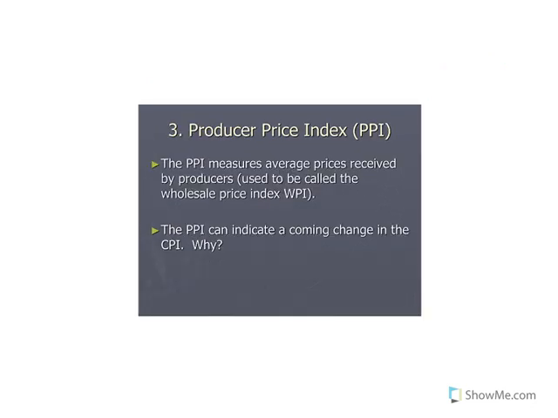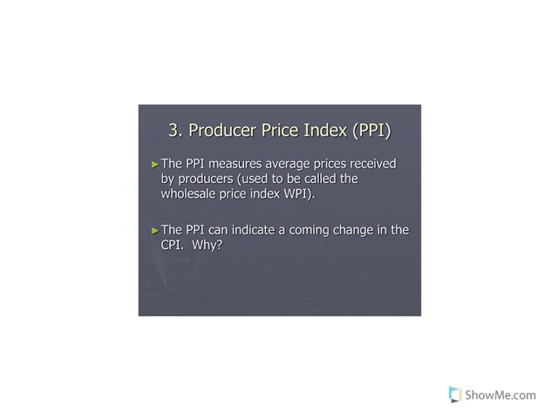And then the last price index I want you to know is what we call the Producer Price Index, or the PPI. This measures the average prices received by the producers. We sometimes call it the Wholesale Price Index because it's tracking the price of resources.